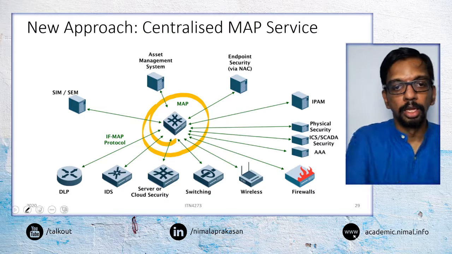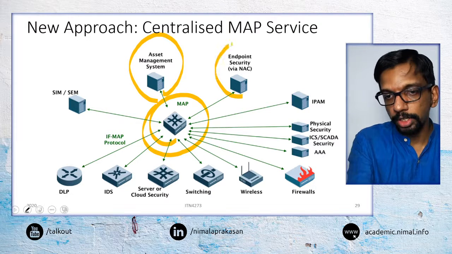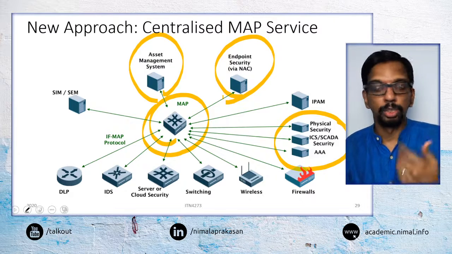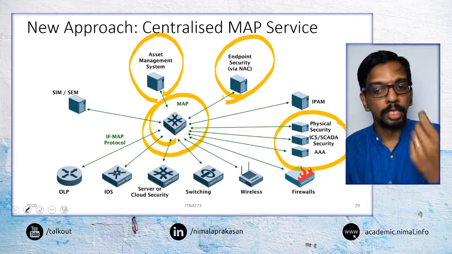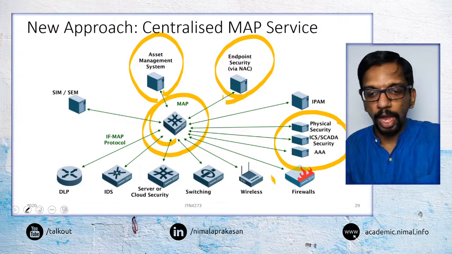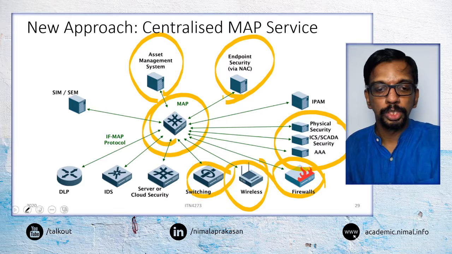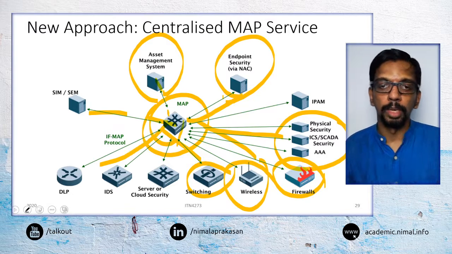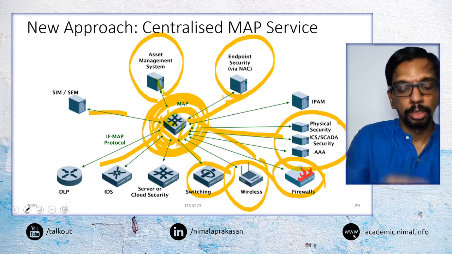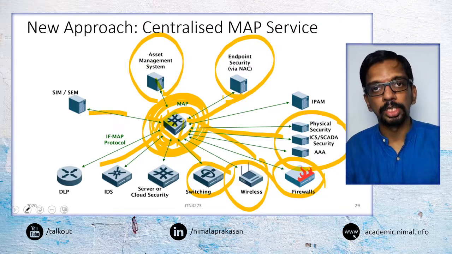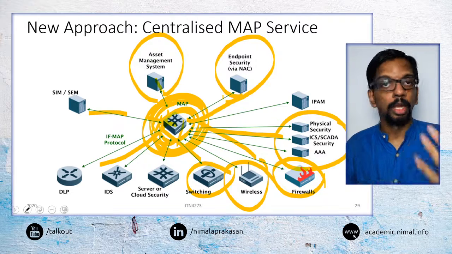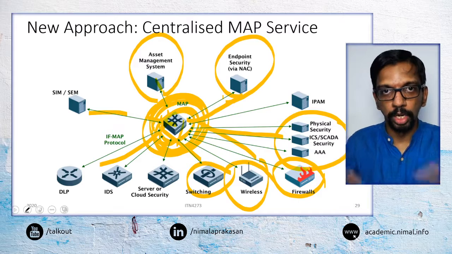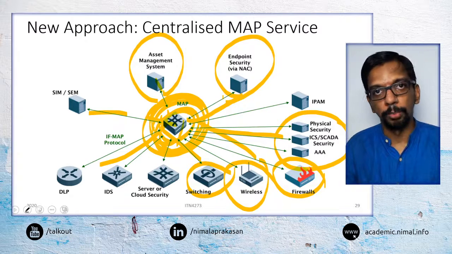So from asset management systems, endpoint security devices, through NAC, physical security devices, so like physical access control, SCADA security devices, wireless access points, firewalls, switches, all these things are interconnected back to the MAP. And then MAP can coordinate all of this information and make much more informed decision making relevant to access control and security of the overall network, or rather the overall organizational computer environment.